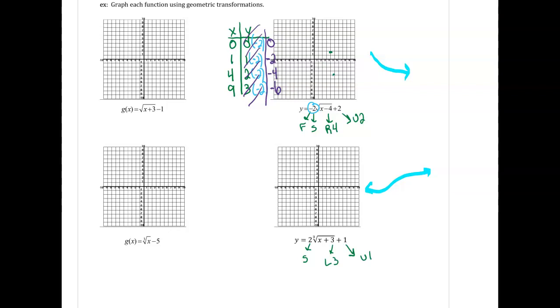And I'll go, sorry again, 1, 2, 3, 4, 1, 2. I might be a little off on some of these because I just can't quite see where this point's ending up. And then I would go to 9, -6, and I would go right 4, down 2, and let's say that's about here. And then I think I might be off on one of these points, but hopefully you get the idea of it. Okay?